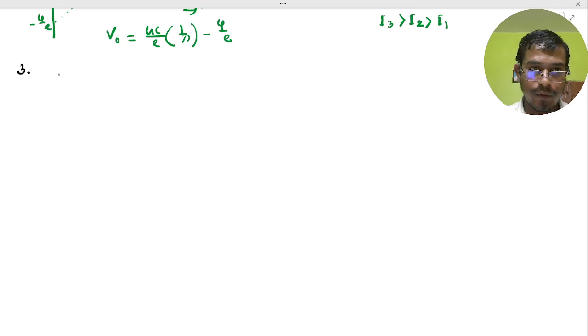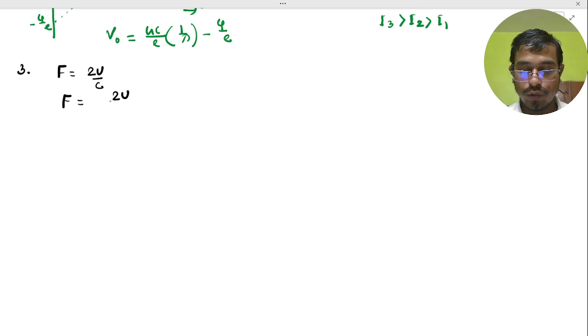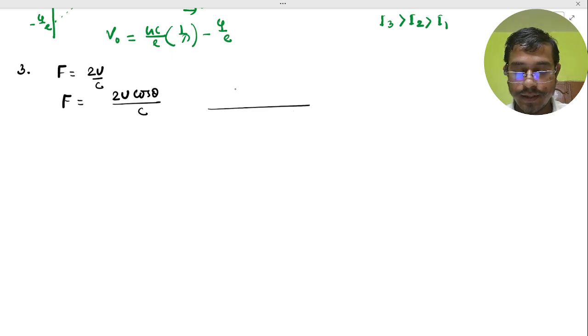Basically the formula is F equal to 2u by c, where u is the radiant energy falling per second, for a perfectly reflecting mirror. For oblique incidence the force would become 2u cos theta by c. This is for the oblique case, and this is theta here.